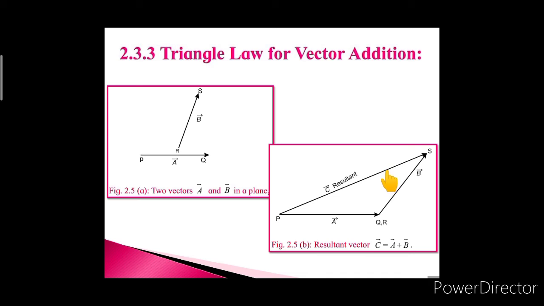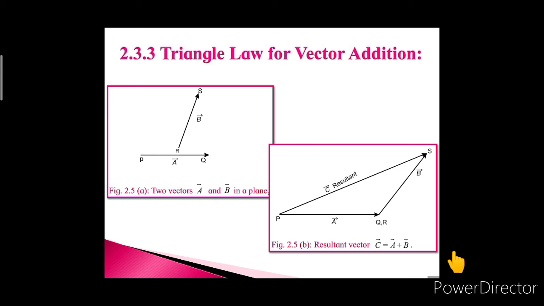The direction of the resultant runs from the starting point of the first vector to the end point of the second vector, and the resultant is vector C equals vector A plus vector B.